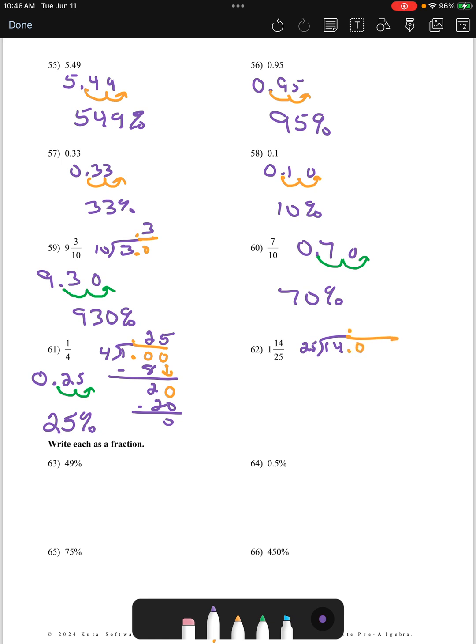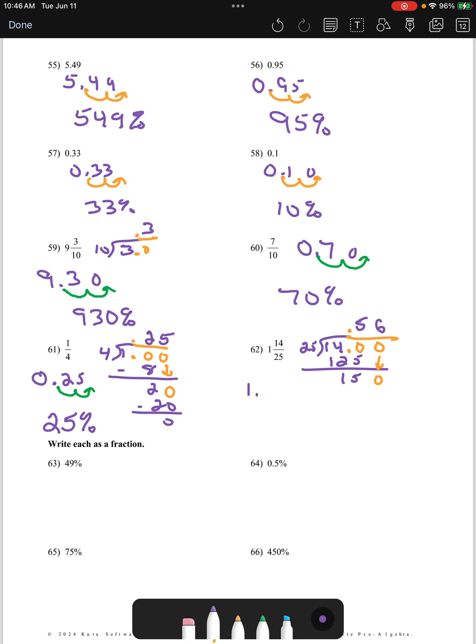Finally, for this section, we have 1 and 14/25, which means we're going to have to do 14 divided by 25, which looks really, really unpleasant. It won't be that bad. 25 does not go into 14, but it does go into 140 5 times. That's 125, which when you subtract gets you 15.